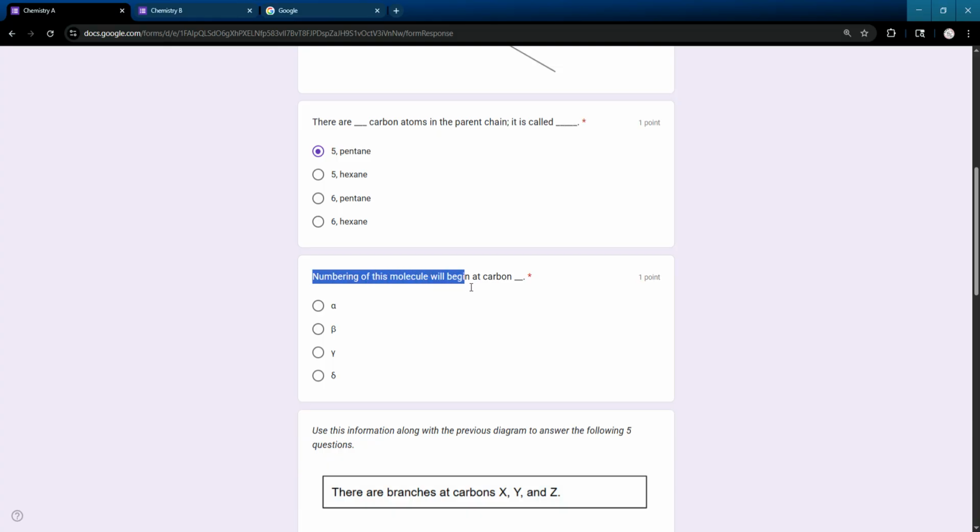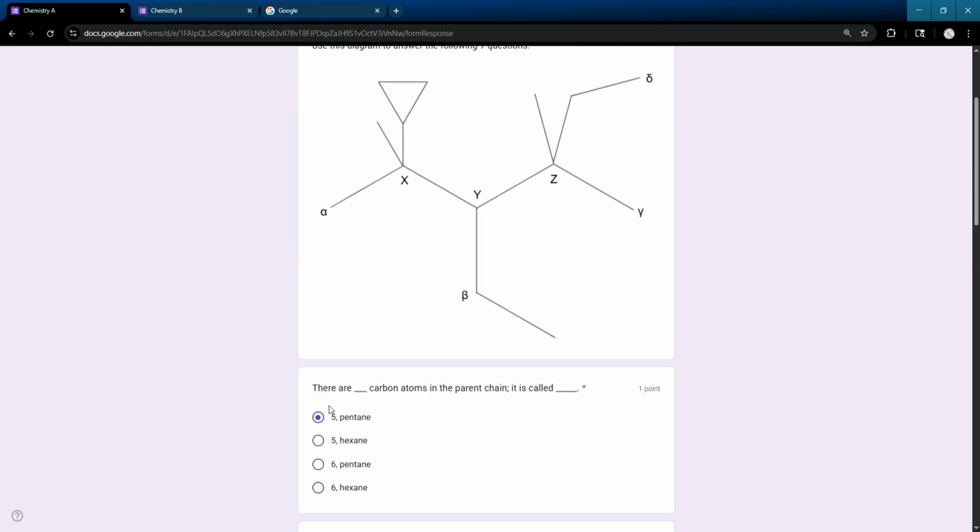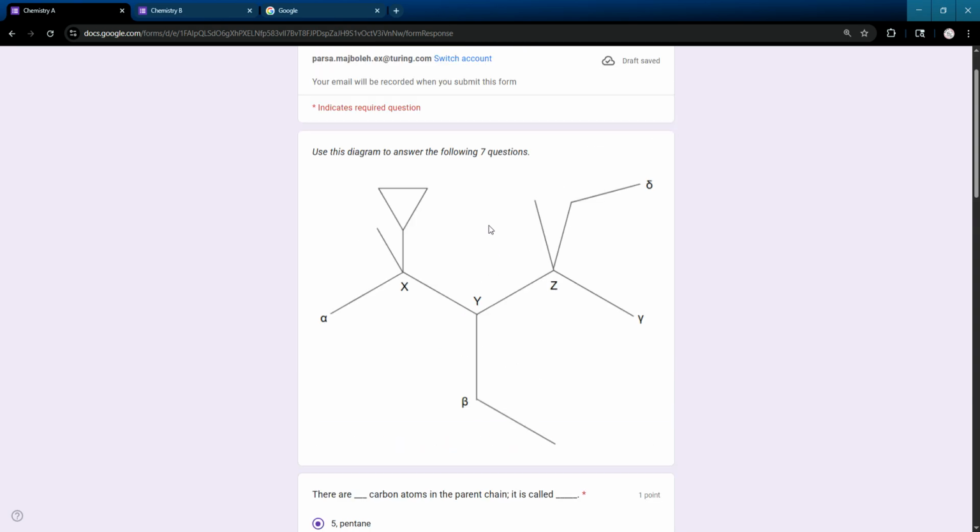Numbering of this molecule will begin at carbon what? So numbering of this molecule, so I assume the 5 pentagon. Let's see.